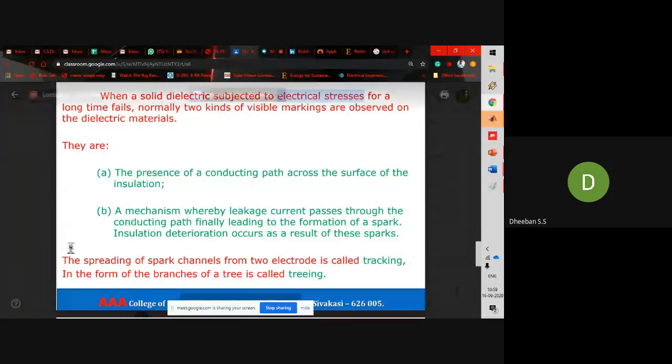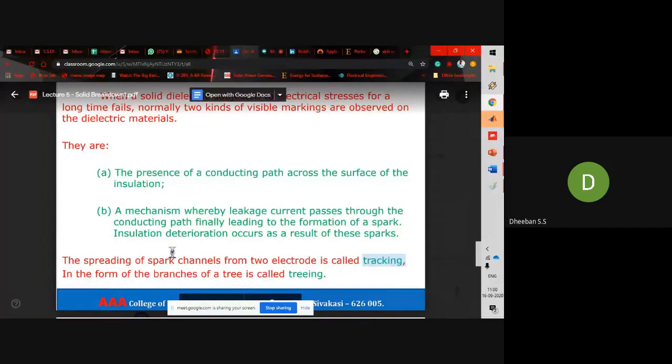This leakage current will be responsible for the formation of a spark. Due to this spark, the insulation might degrade, and this might cause the breakdown.